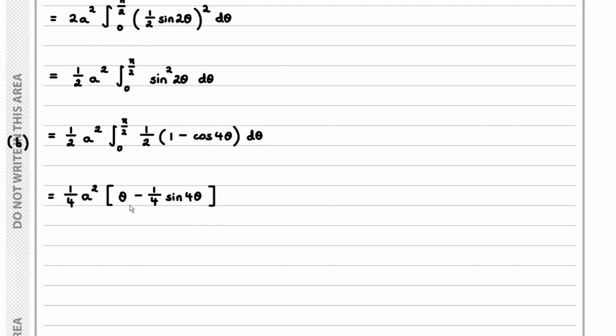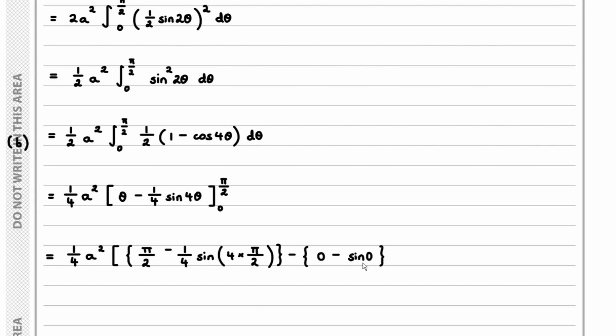So I need to evaluate this in between 0 and pi over 2. So I have this 1/4 a squared, and if I substitute in for my upper limit, I've got pi over 2 subtract a quarter of sine times by 4 times pi over 2, and for my lower limit I'd have 0 subtract the sine of 0.